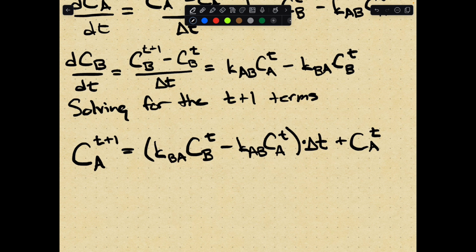Okay, so we can think of this here as just the net flux over time, over delta t.